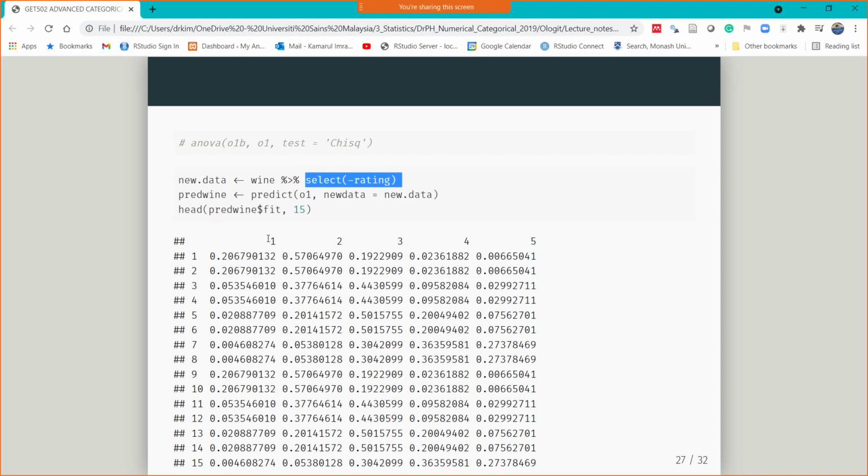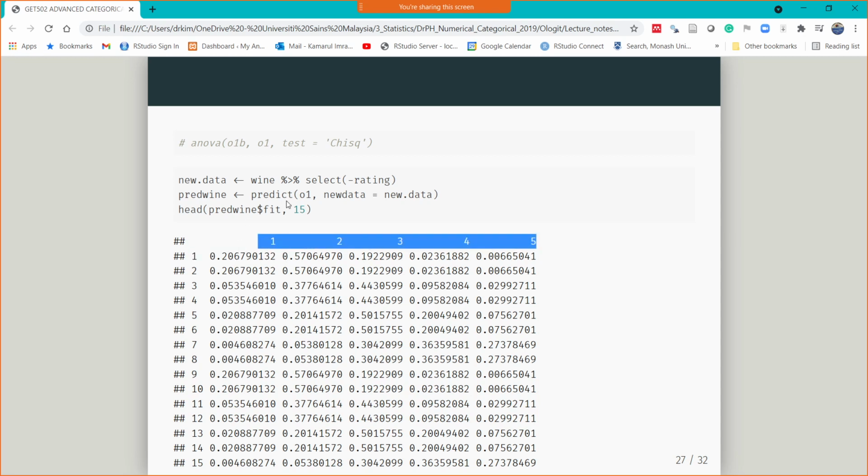And then I observe the first 15 observations, and this will tell me for the first one what would be the probability of outcome 1, what is the probability of outcome 2, 3, 4 and 5. You remember we have 5 categories of outcome, right?